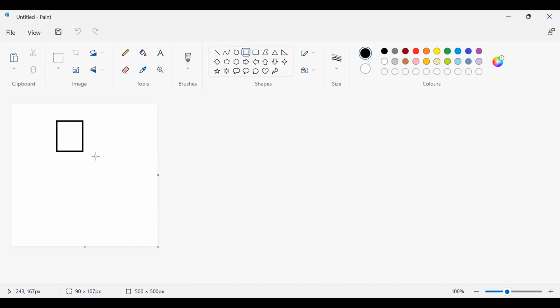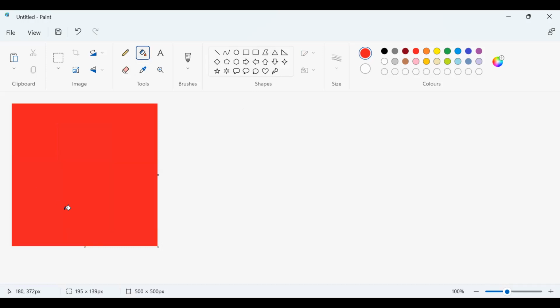I will draw a box and paint this box red. Then let me create one more triangle.